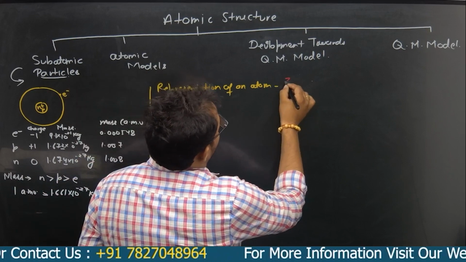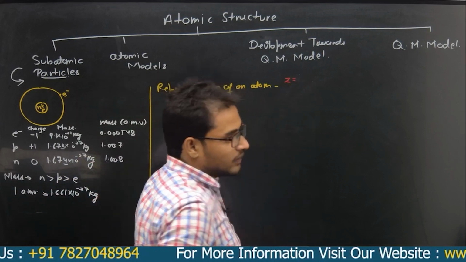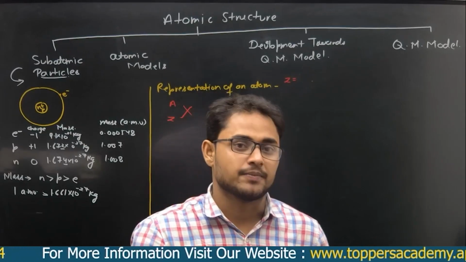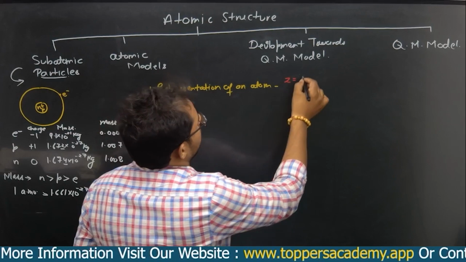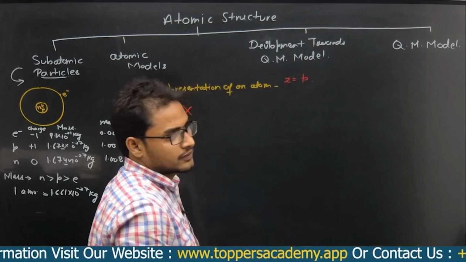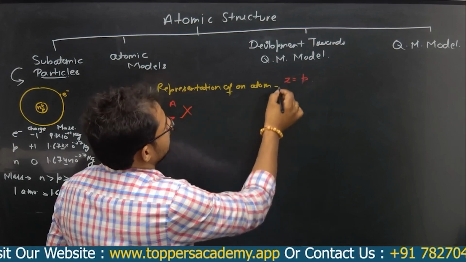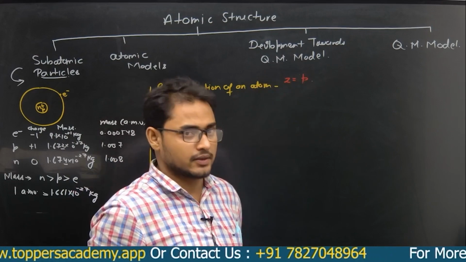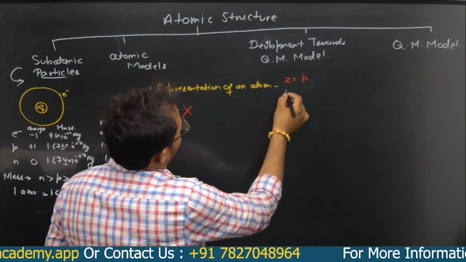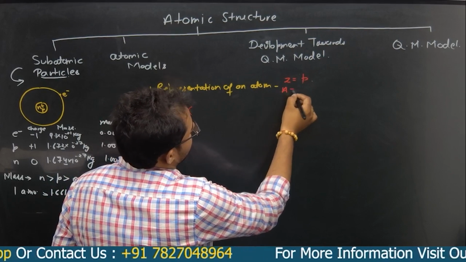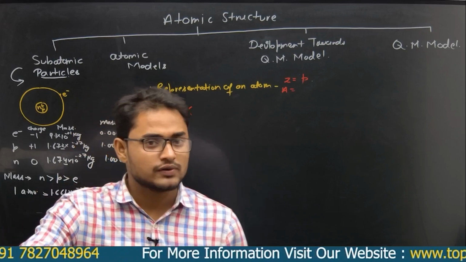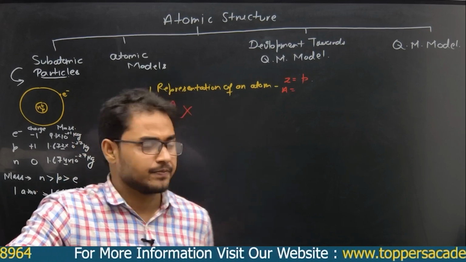What is atomic number for an atom? Z is the atomic number, and atomic number is equal to the number of protons in that atom. And what is A? It is atomic mass. Atomic mass is equal to the number of neutrons and protons in an atom.